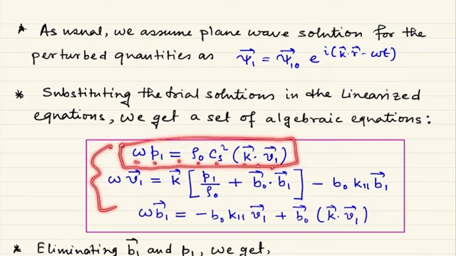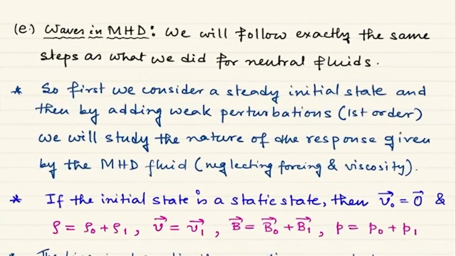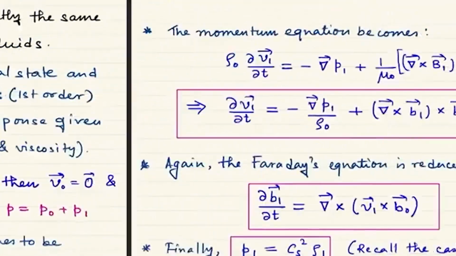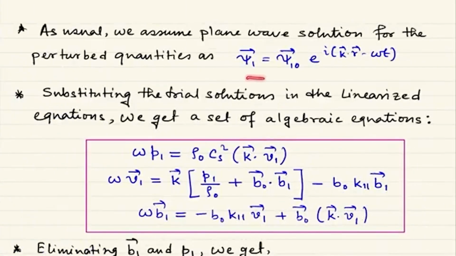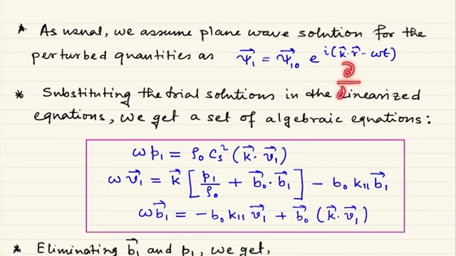What can you obtain from the continuity equation? If you assume this type of solution, then any del del t will be simply converted into minus i omega, and any nabla will be converted into i k.